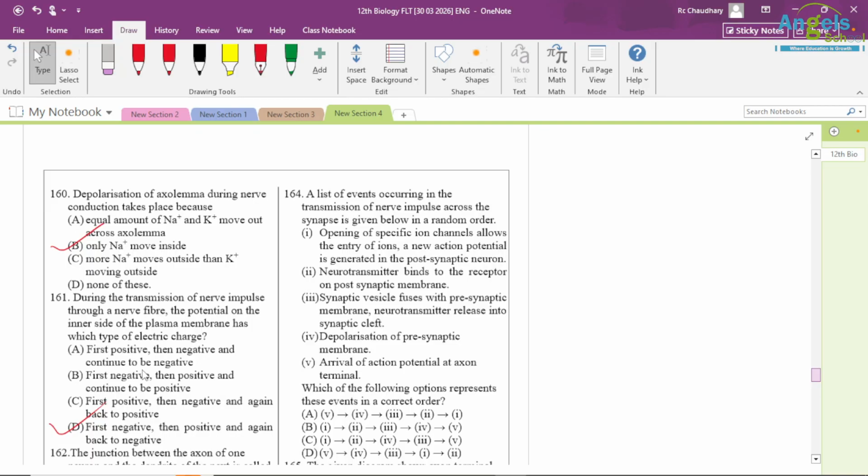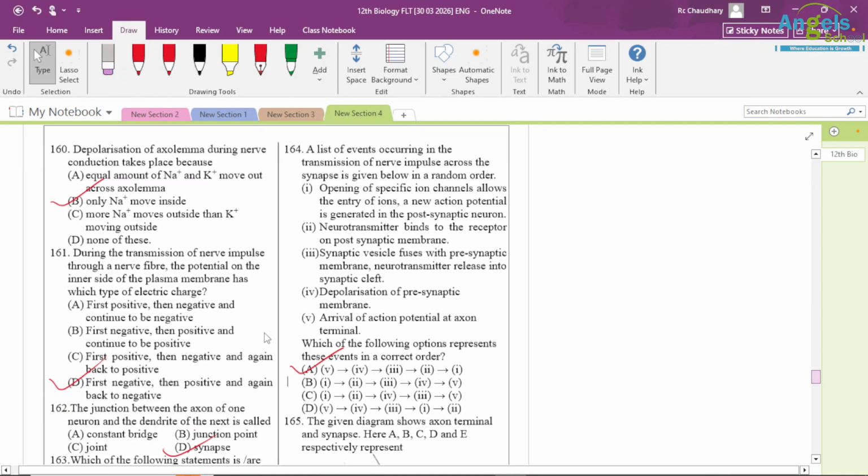Arrival of action potential at the axon terminal, 5 is first, then depolarization of the presynaptic membrane, then the synaptic vesicle fuses with the presynaptic membrane and neurotransmitters are released into the cleft, then the neurotransmitter binds with the receptor on the postsynaptic membrane, and then opening of the specific ion channel allows an action potential to be generated. Okay, so it was given totally reversed, so option A is correct. 5 4 3 2 1.